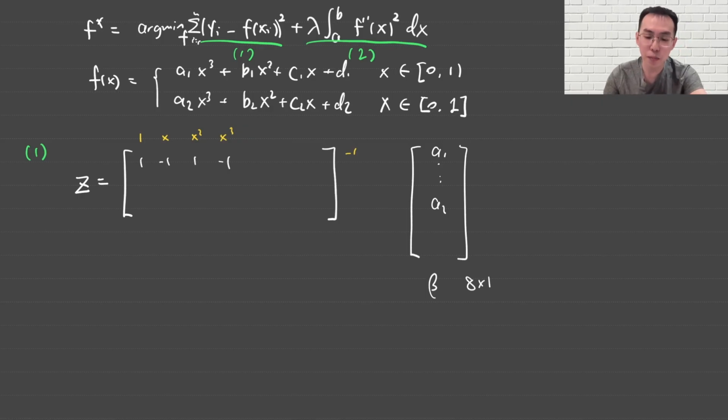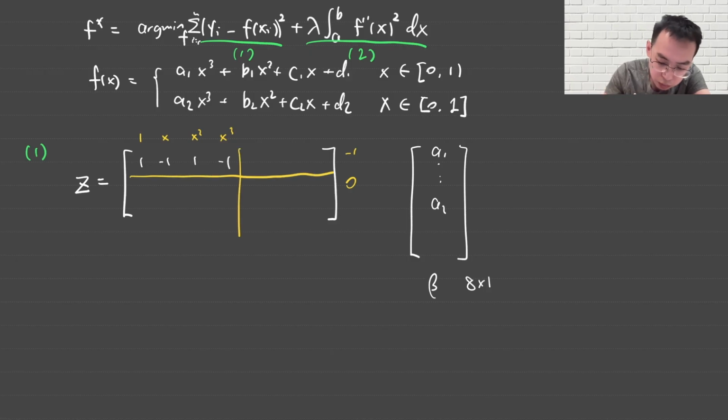We're going to do this point by point, and let's put the second value in the second set of columns, which matches with the second cubic. So we put 0 here.